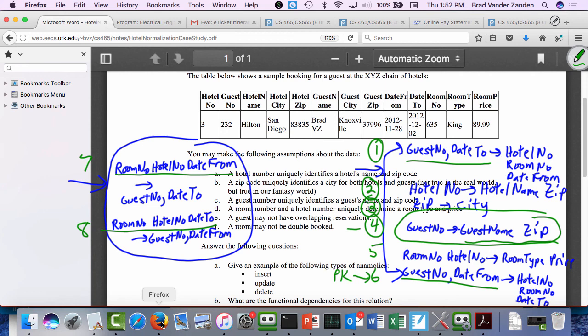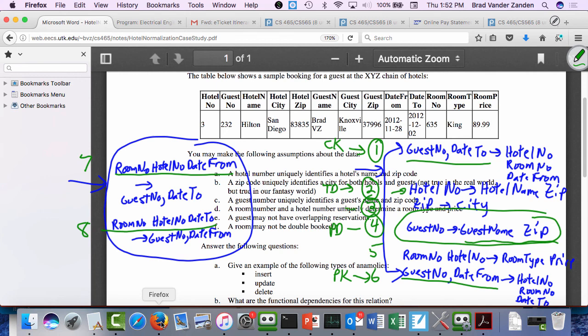We've already identified 4 as a partial dependency. Is 1 a transitive dependency or a candidate key dependency? Candidate key. Okay, what about 2? It's a transitive dependency. So a transitive dependency is a non-key. Hotel number is not a key.